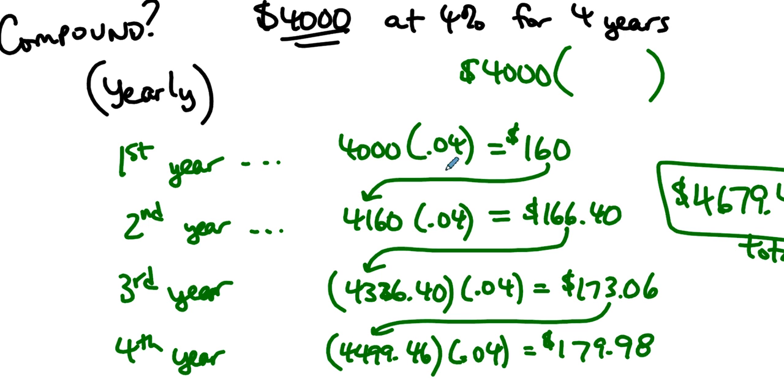If you take 0.04 of something and you add it back onto the 1, that's 1.04, and we do that 4 times. That's going to generate the same $4,679.44. We take our principal, we multiply it by 1 plus the rate to the number of years. This is compounding yearly.